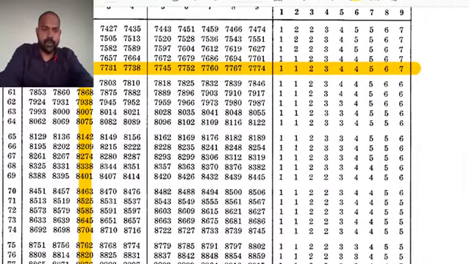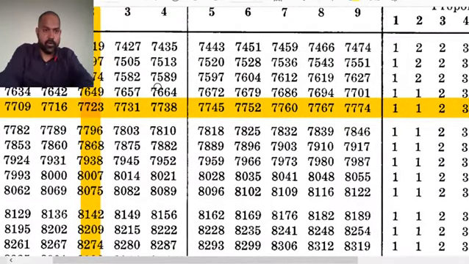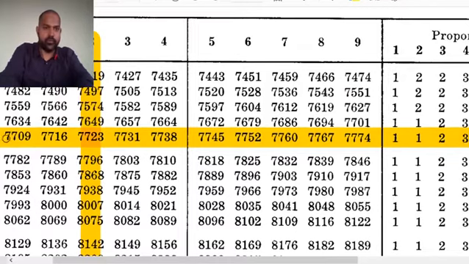Under 59, we are looking for 2. So the 59.2 value is going to be 7723. We wanted 59.2.